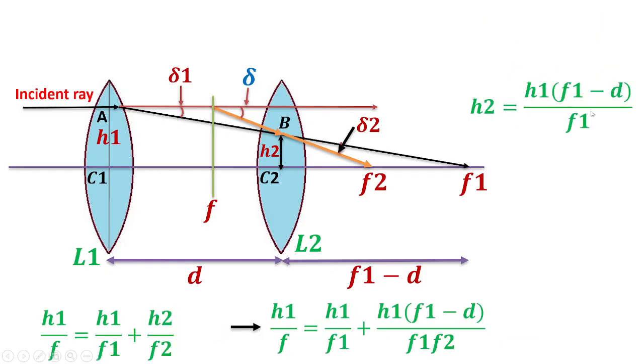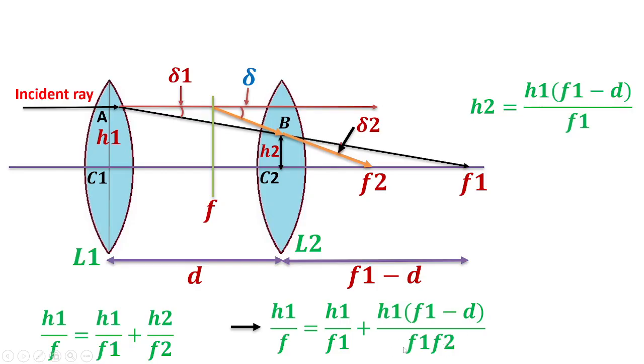Therefore h1 divided by f is equal to h1 divided by f1 plus h2 divided by f2, which gives us h1 divided by f equal to h1 divided by f1 plus h1 into bracket f1 minus d, divided by f1, and f2 in the denominator.